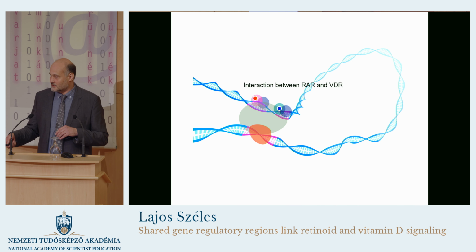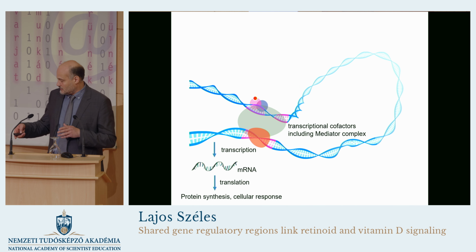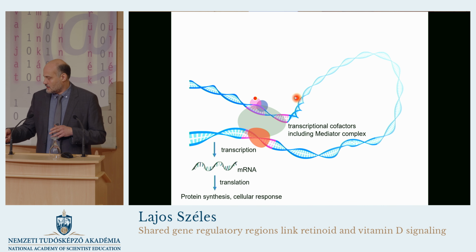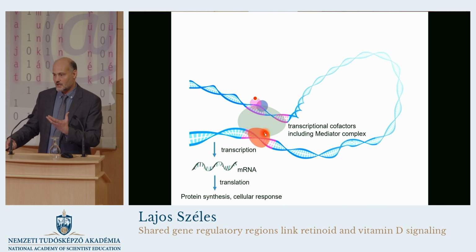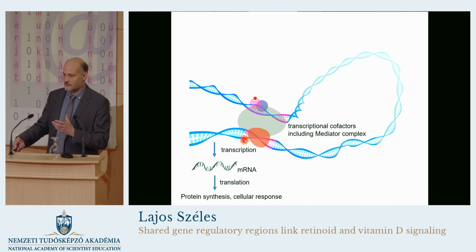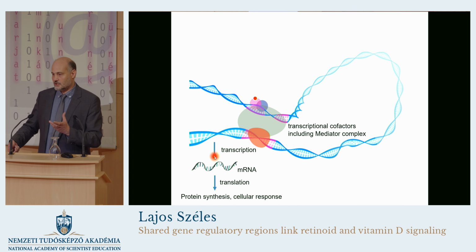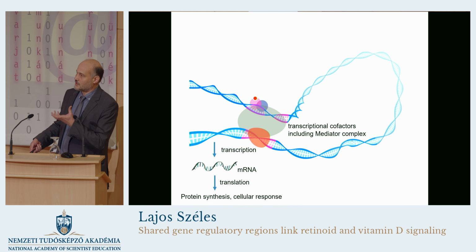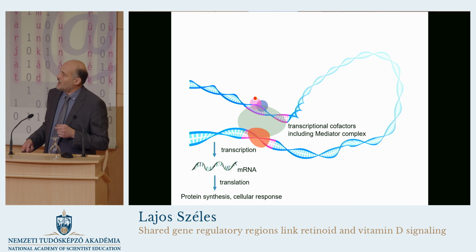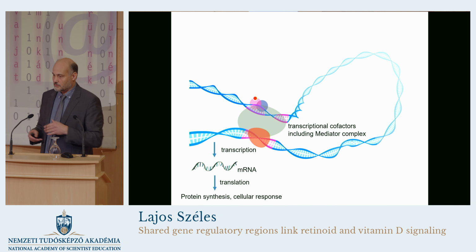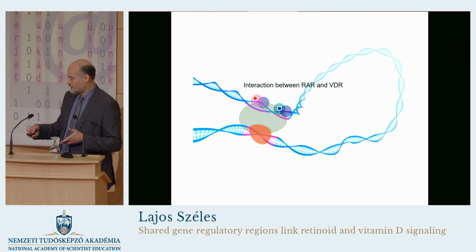What we should understand here is that upon ligand treatment, the transcription factors recruit cofactors, they activate the RNA polymerase and the chromatin environment, and the transcription is initiated. Messenger RNA is synthesized, and these messenger RNA molecules are used for protein synthesis, and they contribute to the cellular response to the ligand.